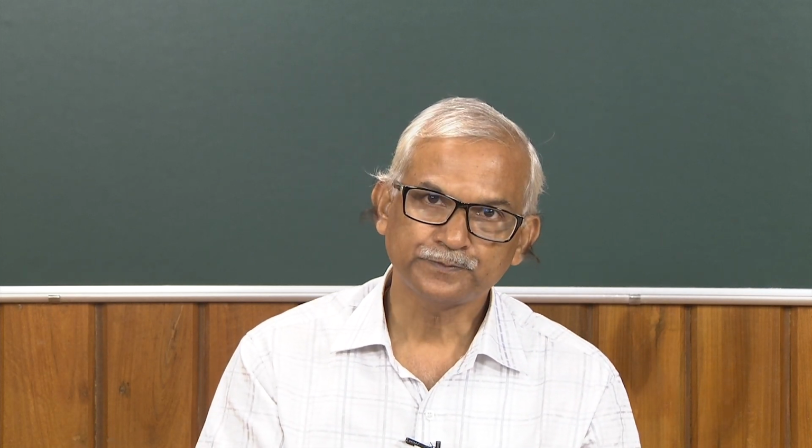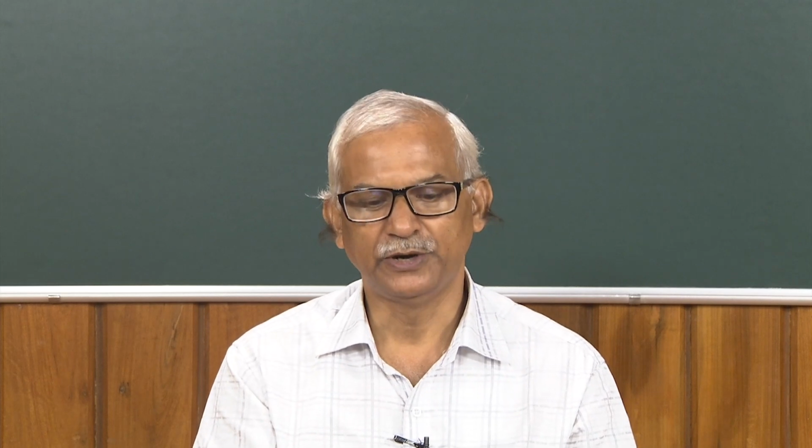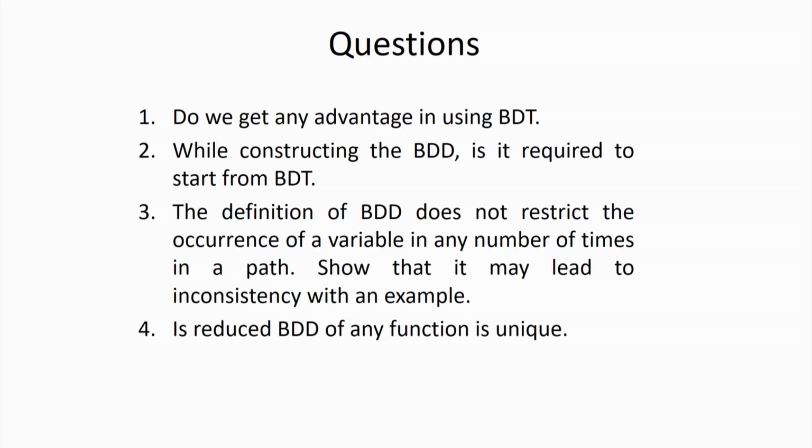Okay. Now, just some questions, just see what I am saying. First question, do we get any advantage of using BDT, binary decision tree? We have discussed these things, you just see whether we are going to get any advantages out of it. May not be, because it is exponential in nature.